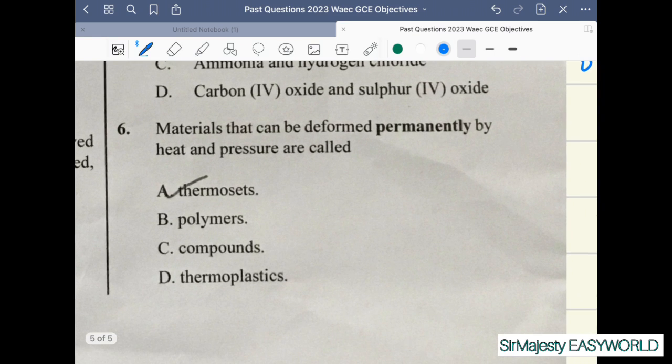So some of these questions have been answered, although the answers continue from the person I collected this paper from. Okay, I was the person that even answered this for the person. Materials that can be deformed permanently by heat and pressure are called what? What matters here is that it's permanent, and it was highlighted.